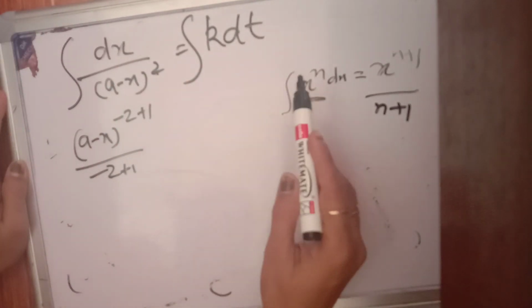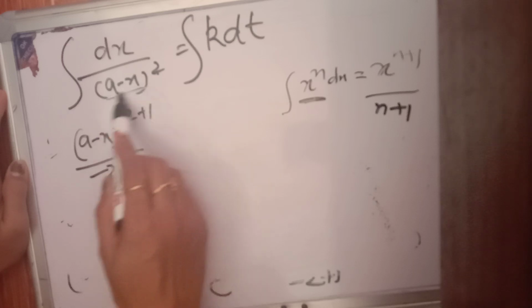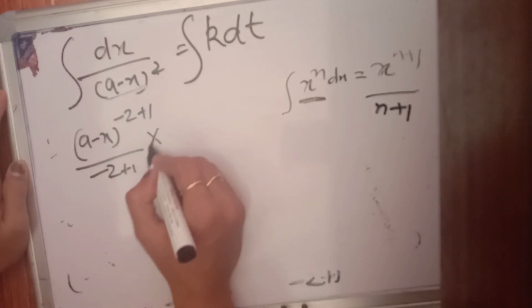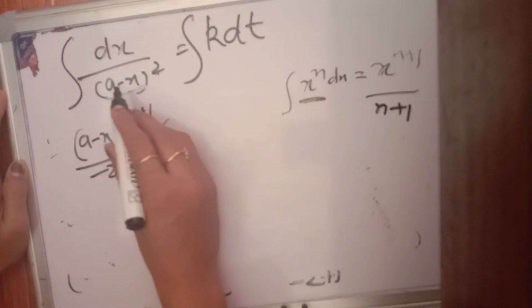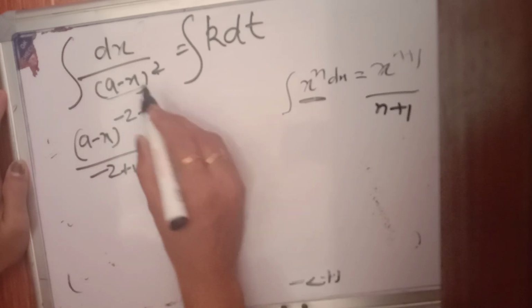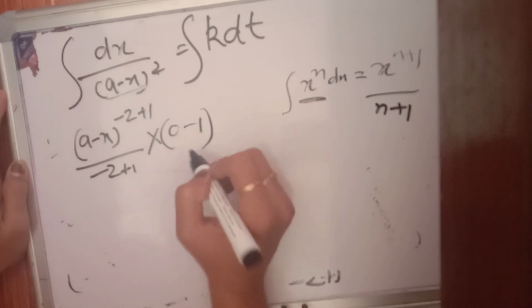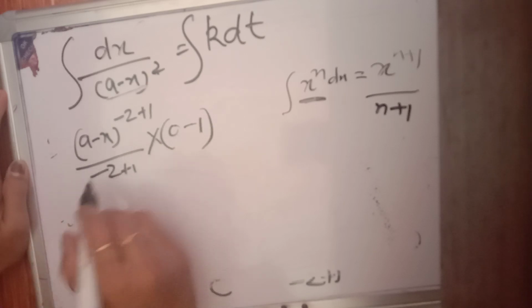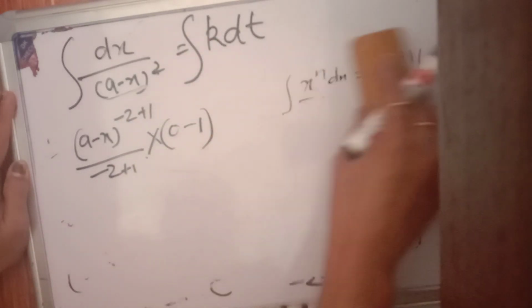But because we don't have simple x here, we have a minus x, we have to take its derivative along with it. The derivative of a is 0 and the derivative of x is 1. So this is the integration on the left side.